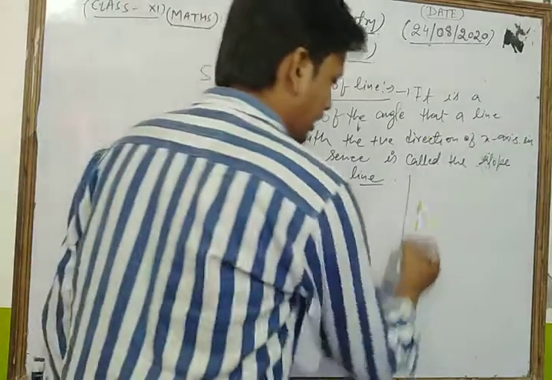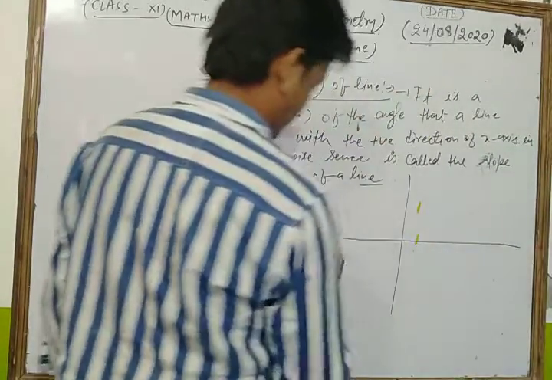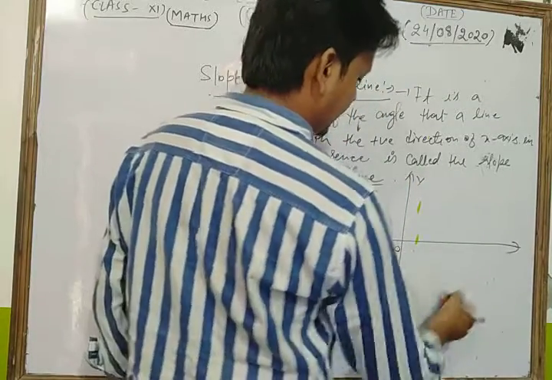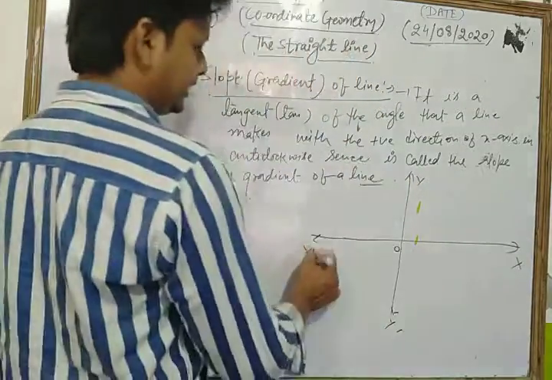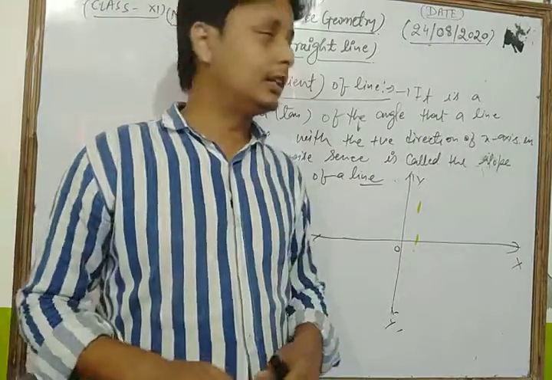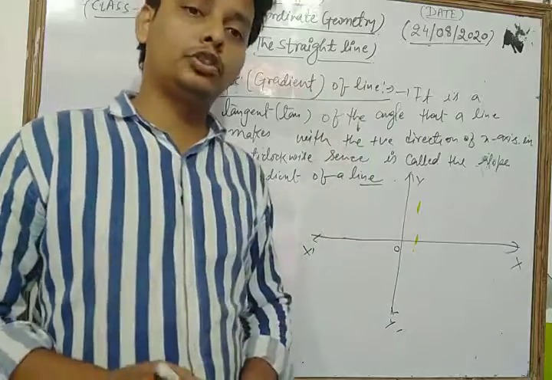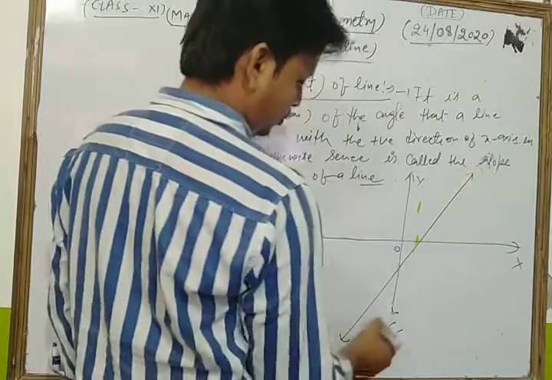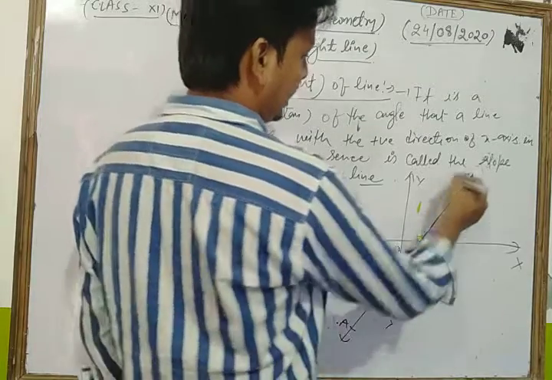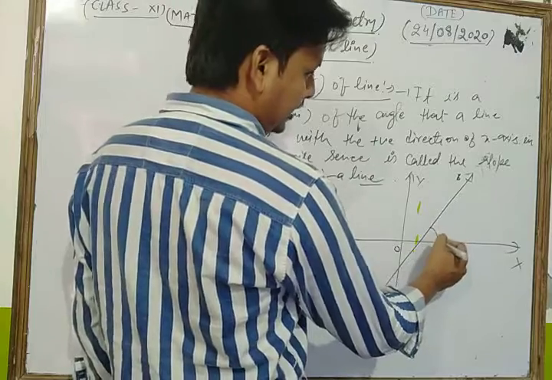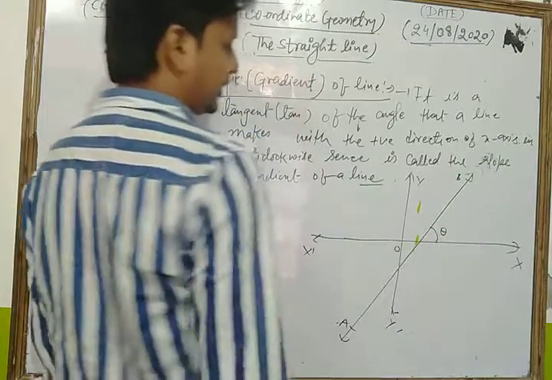Suppose we draw a Cartesian coordinate system with axes X'OX and Y'OY. Suppose this is a line AB, and this line makes an angle theta with the positive direction of x.